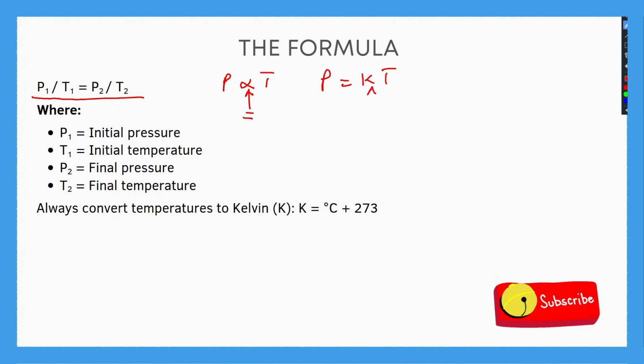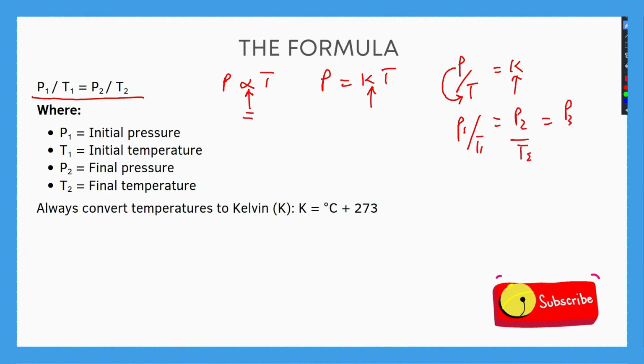And to make this K the subject of the formula, we simply said P over T is equal to K. What this means is the answer from dividing pressure by temperature will always be a constant. So P1 over T1 will be equal to P2 over T2, will be equal to P3 over T3, and so on and so forth.